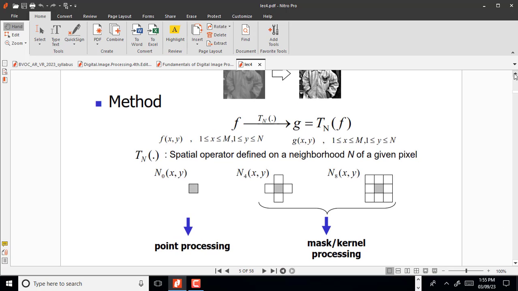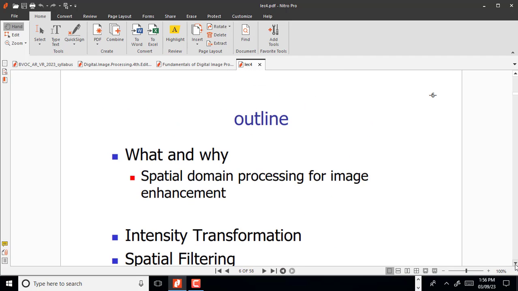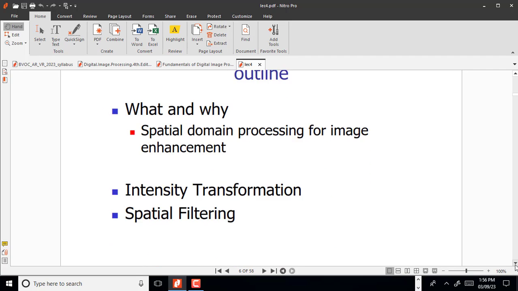Here, the single point is processed with the entire image, replacing it, or the neighboring pixels are changed based on the central pixel. This is called an operator over the neighborhood N of a given pixel. So this is the main method of point, kernel and mask processing, in spatial domain processing for image enhancement.